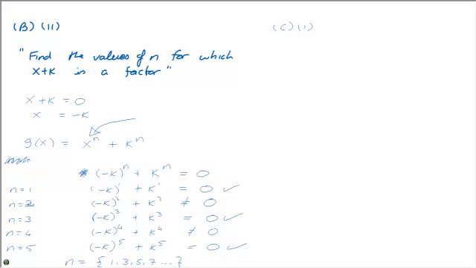Okay, next part of the question, you're told x minus a all squared is a factor. That means you're going to go straight in for your division. First step is going to be multiply this out. So x squared minus 2ax plus a squared, and then you're going to set about doing some division.